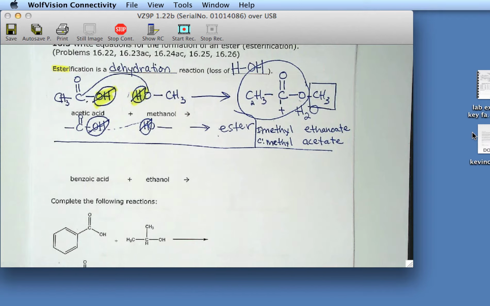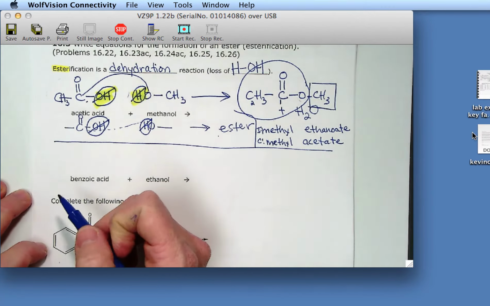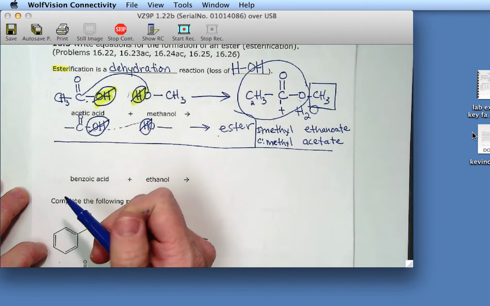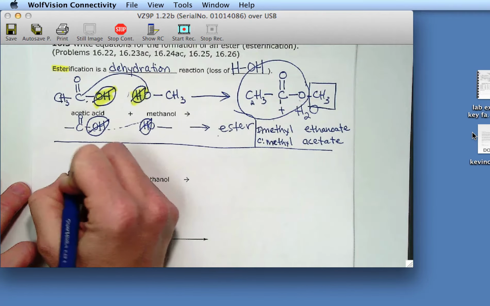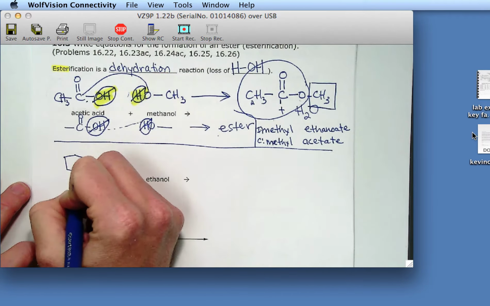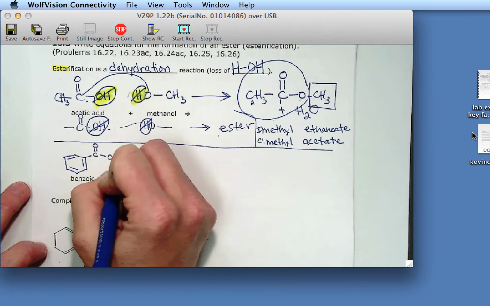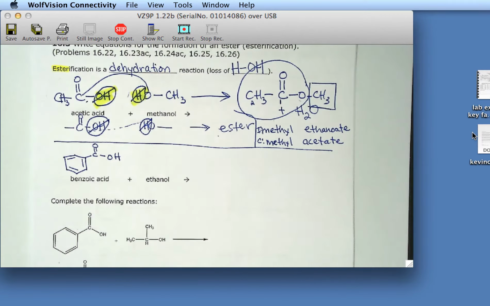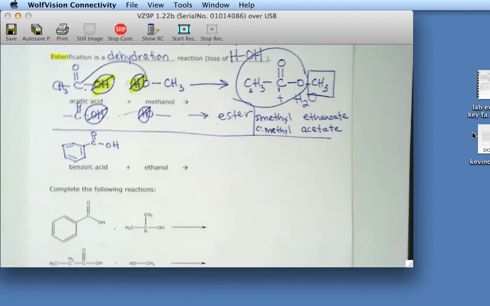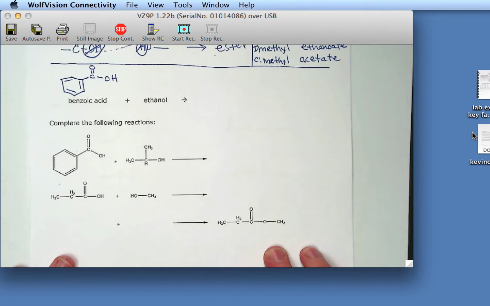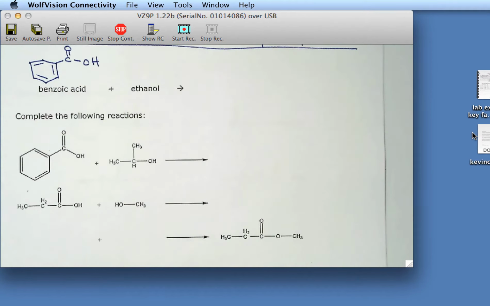So here's another esterification reaction. Benzoic acid. What's the structure for benzoic acid? Good. So that's benzoic acid. And what does ethanol look like? Good.